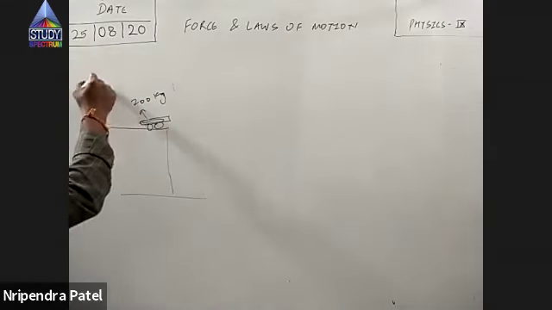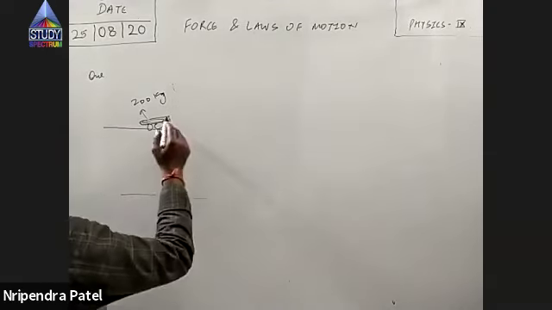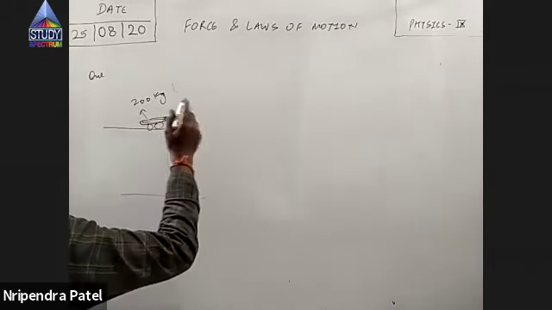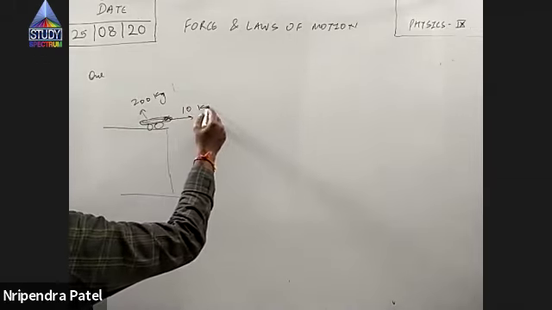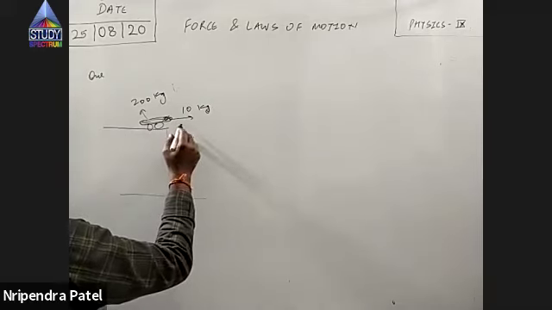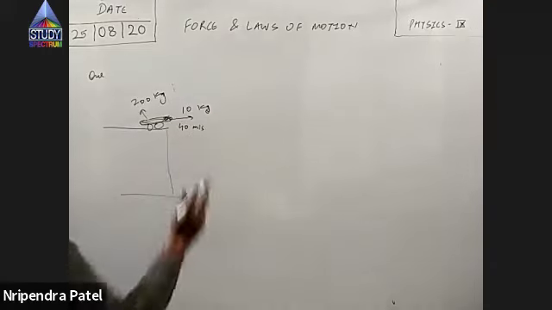There's a cannon on the top of a hill of mass 200 kg. Fires a shell of 10 kg horizontally with a speed of 40 meter per second. This is the question.